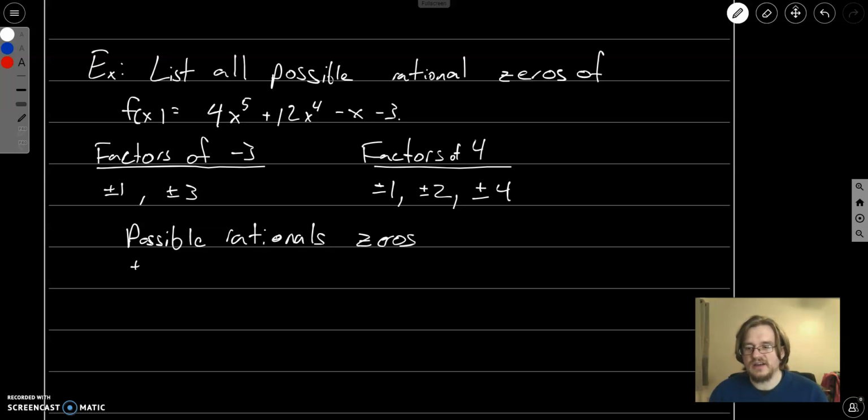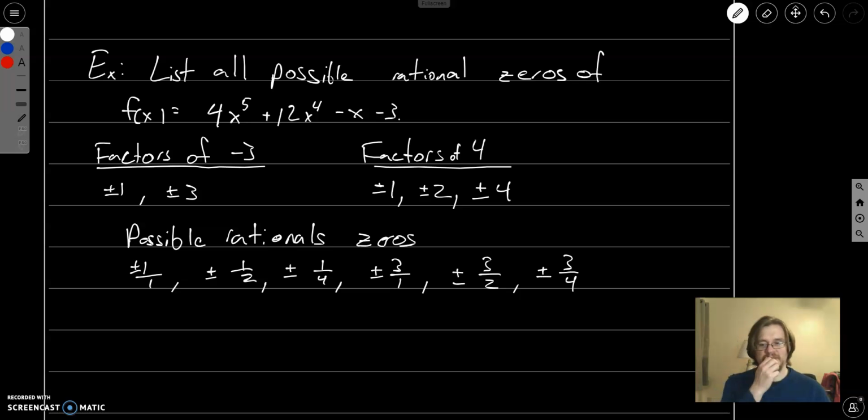So we could have plus or minus 1 over 1, plus or minus 1 over 2, plus or minus 1 over 4, or we can have plus or minus 3 over 1, plus or minus 3 over 2, or plus or minus 3 over 4. So these are all of the possible rational zeros.